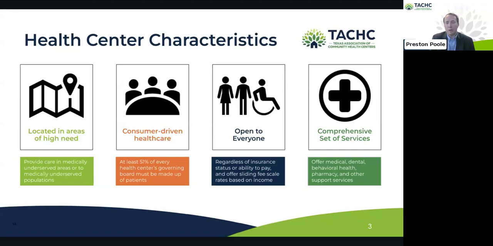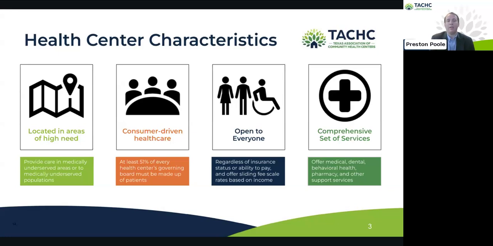Health centers must be open to everyone. They do not refuse service to a patient based on their ability to pay. Health centers provide services, again, to uninsured as well as insured patients. For uninsured patients, they're eligible for a sliding fee scale.